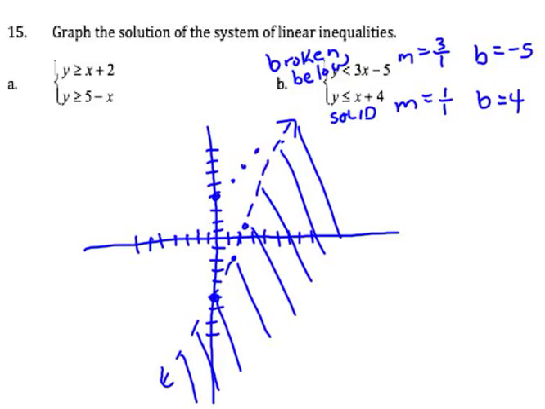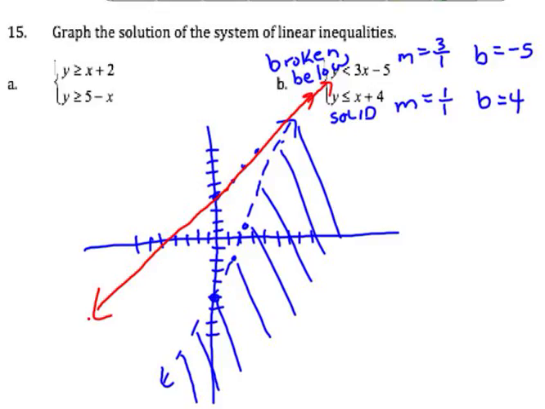And it's a solid line, so I think I'll change colors here to make it a little easier to see what I'm doing. Take this up just a little further.